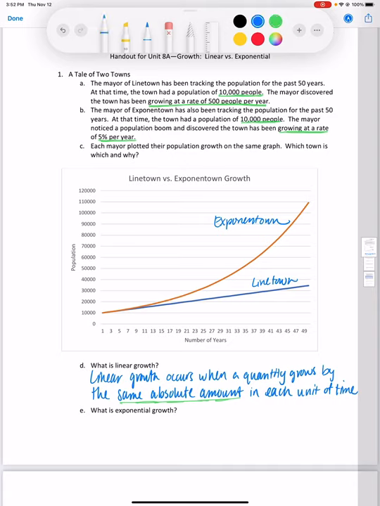What is exponential growth? Well, exponential growth occurs when a quantity grows by the same relative amount, or by the same percentage or proportion for each unit of time.